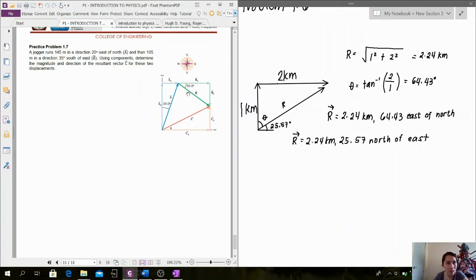So the magnitude of vector B is equal to 105, and the direction is 35 degrees south of east. Using components, determine the magnitude and direction of the resultant vector C. So we have resultant vector C here for these two displacements.